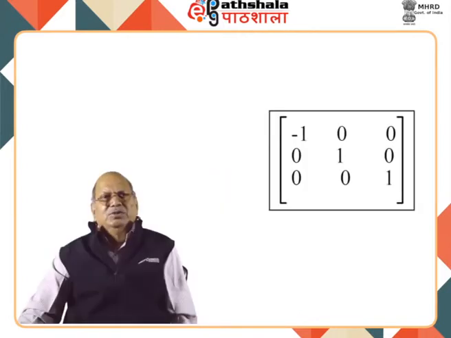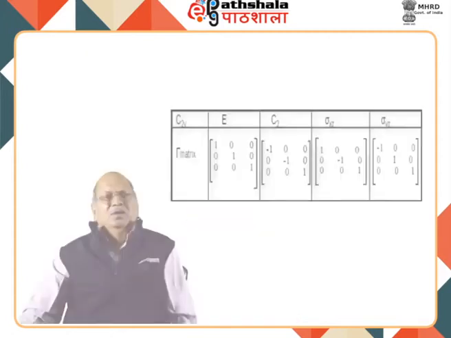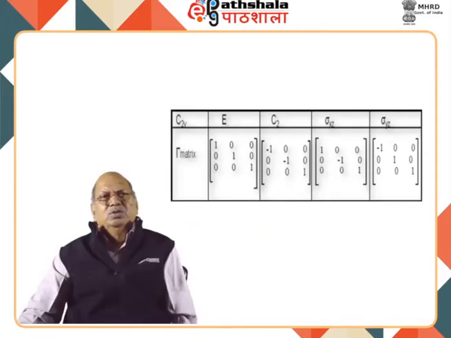Similarly, we can write down the matrix for sigma yz, and this is minus 1 0 0, 0 1 0, 0 0 1. So the matrices corresponding to the symmetry operations of the C2V point group have been generated, and we have a 3 by 3 matrix for each of the symmetry operations of the C2V point group: E, C2, sigma xz and sigma yz.